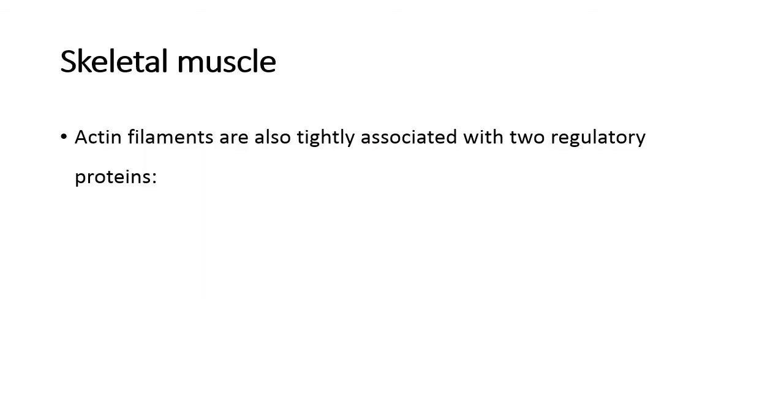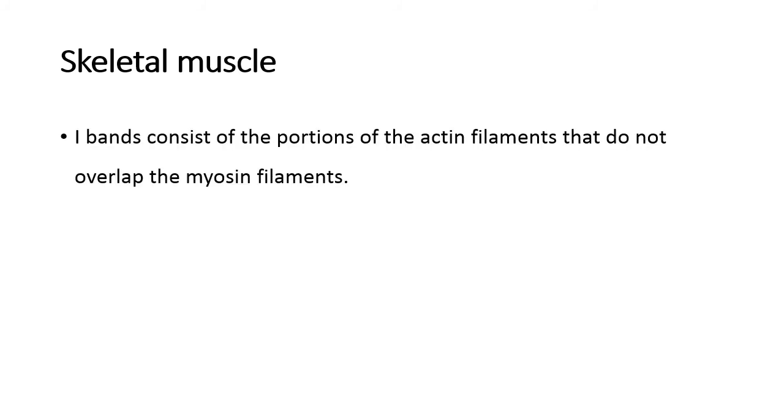Actin filaments are also tightly associated with two regulatory proteins, as we mentioned in the image, the tropomyosin and the troponin. I bands consist of the portions of the actin filaments that do not overlap the myosin filaments.